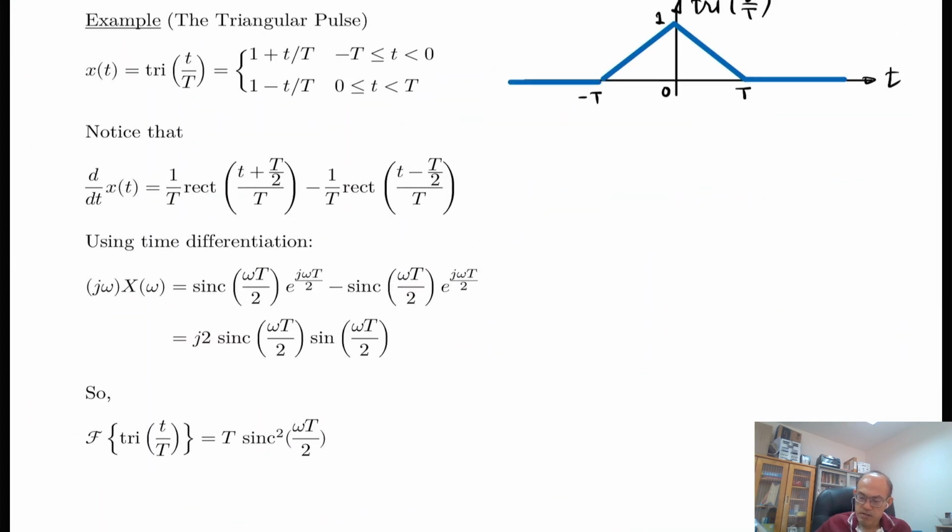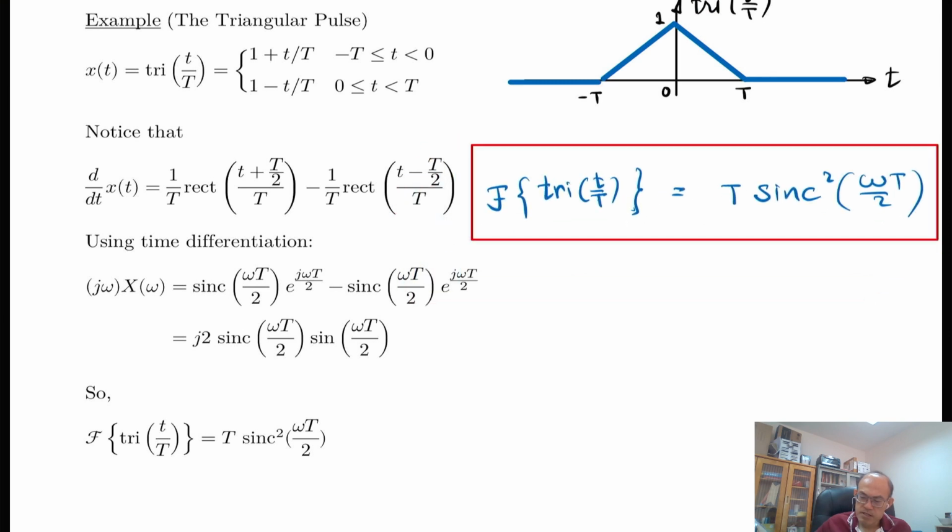I'm going to paste it here. This one is using the time convolution property. Now, instead of the time convolution property, we're going to use the differentiation property.